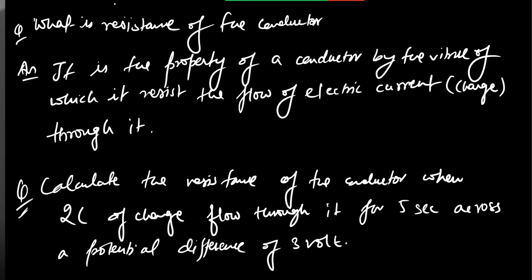It's very simple. V is equal to IR, then R is equal to V by I. Understood?